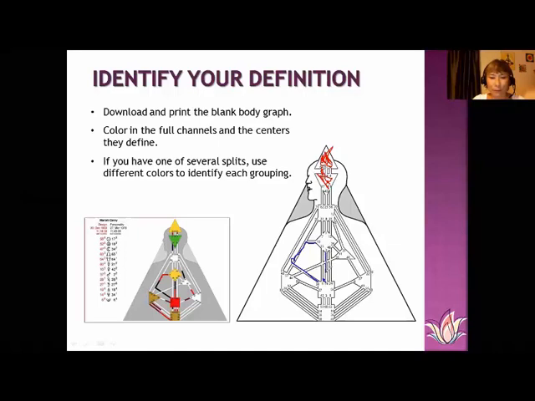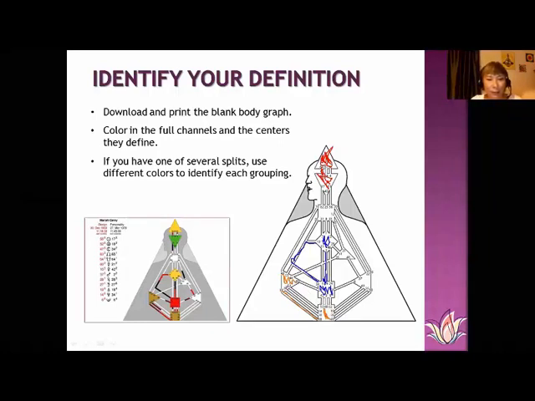Let's see if I can get it. Oh, look at that. Straight down, straight down. And then I can color all of that in. Hopefully you're going to do a much better job than this. And then she's got the 58-18, the spleen and the root. So you kind of get what I'm doing here.